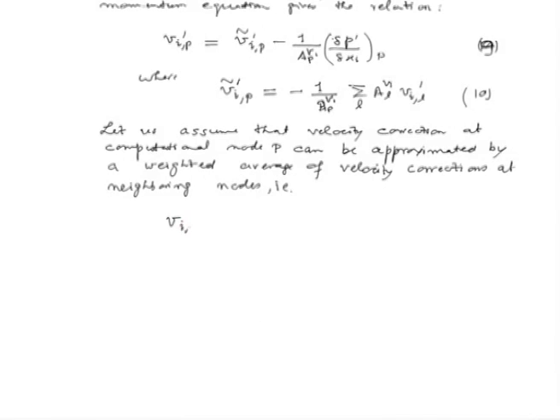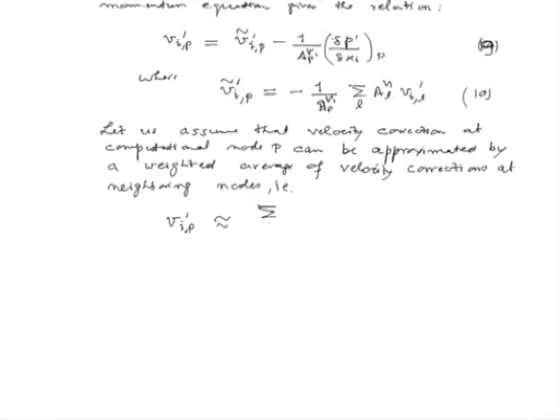That is to say, what we claim is that V_i prime at P we can approximate as a weighted average. The weight factors are our coefficients A_L^{V_i}, which we have already calculated earlier.